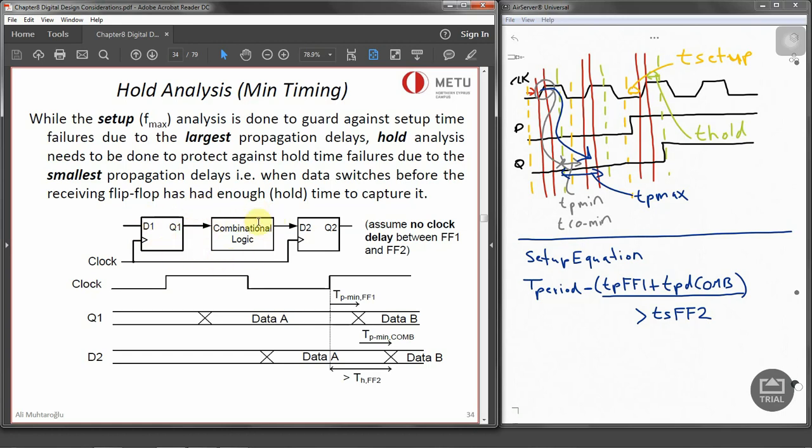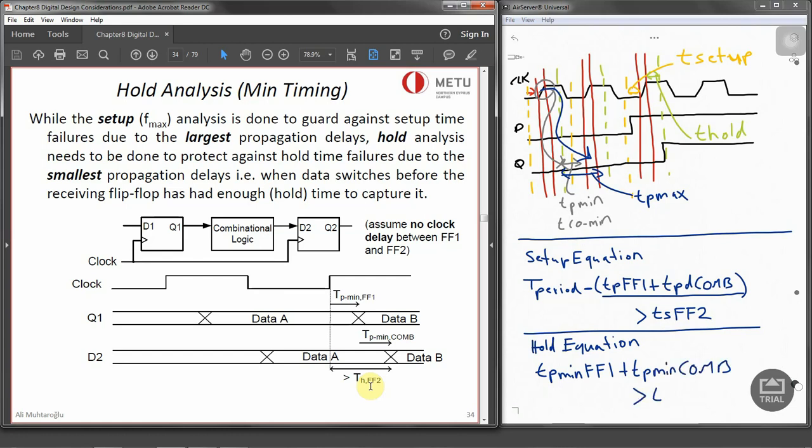On the hold time, when the rising edge of the clock arrives, the minimum delay of flip-flop 1 and the minimum delay of the combinational logic have to be considered, and both together have to be greater than the hold time of flip-flop 2. So we can say the hold equation is TP min of flip-flop 1 plus PD min of the combinational logic has to be greater than the hold time of flip-flop 2.